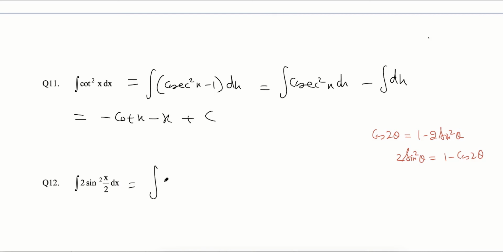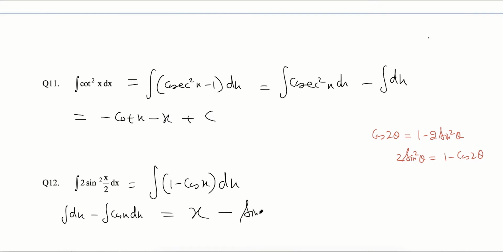So this I can write as 1 minus cos 2 into theta, where theta is x by 2. So 2 into x by 2 means x dx. Question over. Integrate. So this will be dx minus cos x dx. Dx integration is x minus cos x integration, which is sin x plus c. This will be the answer. Correct. Next.